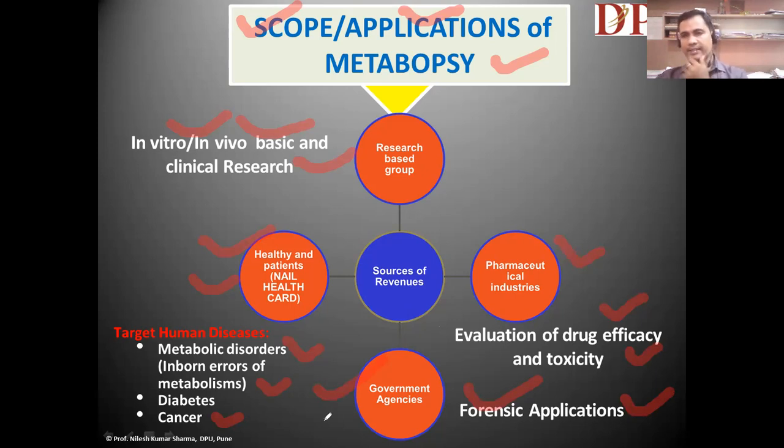That is where government agencies like the police department and other forensic agencies may have scope or suitable applications. And definitely this metabopsy is in an evolution phase and it will keep evolving as per the need of the methods and the applications.